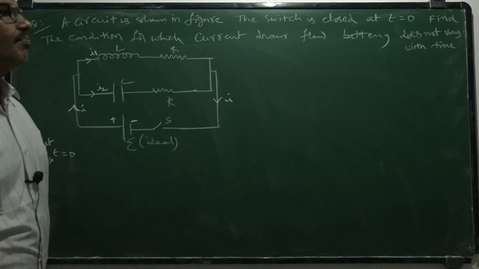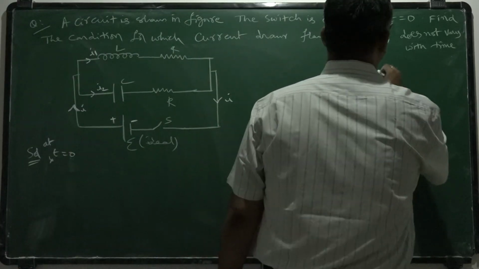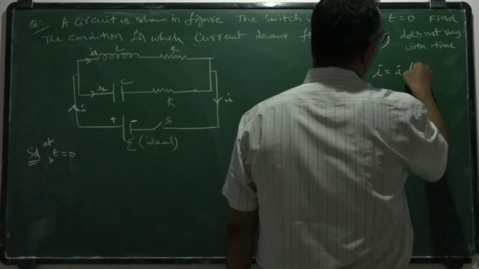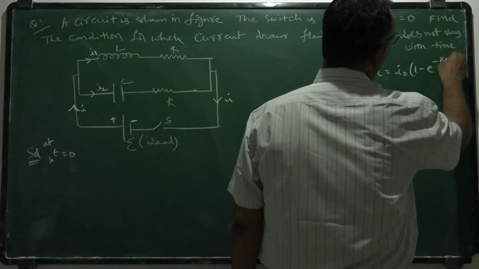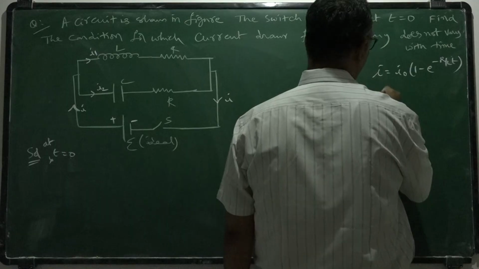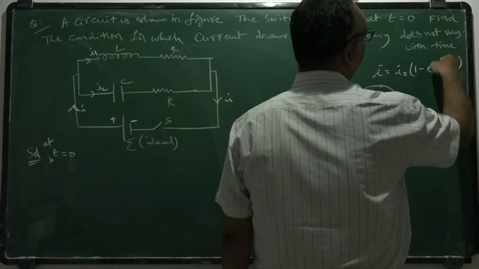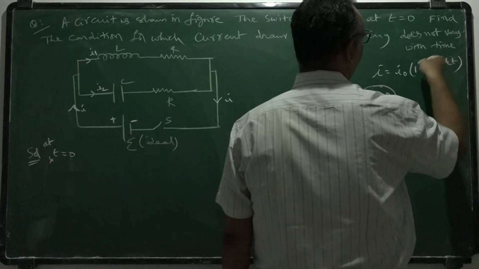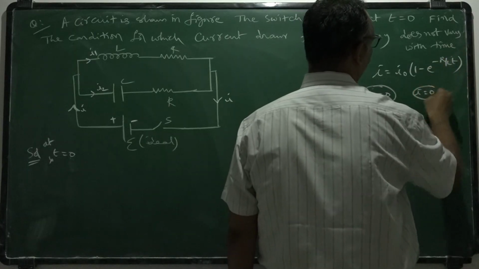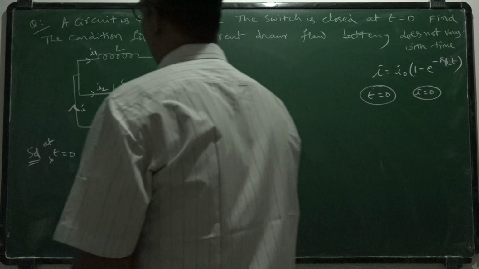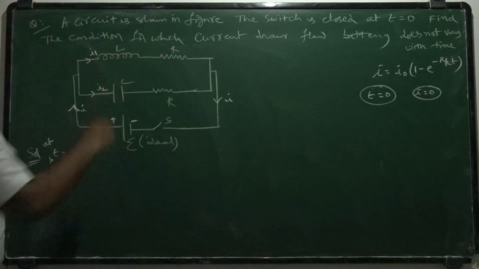How to decide? You know that during growth I is equal to I naught into 1 minus e power minus R by L into t. At time t is equal to 0, something power 0 is 1, 1 minus 1 is 0, so the current is 0. So the inductor will not allow the passage of current.